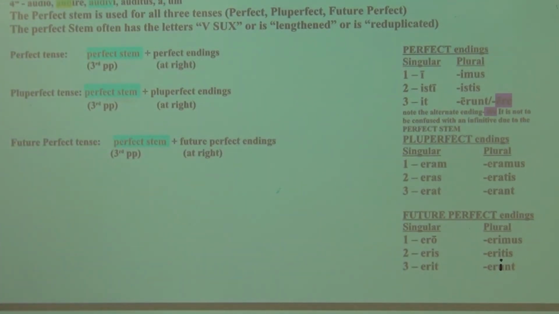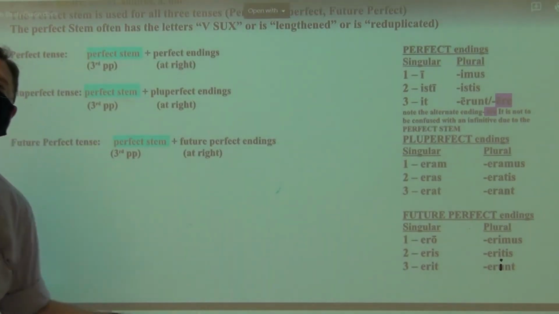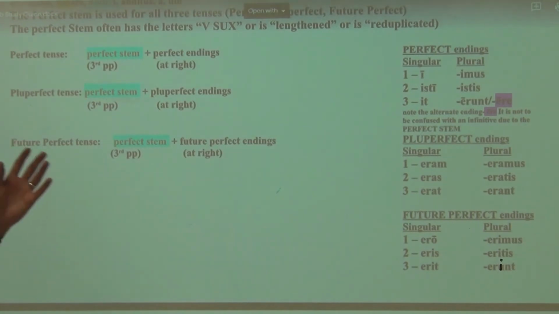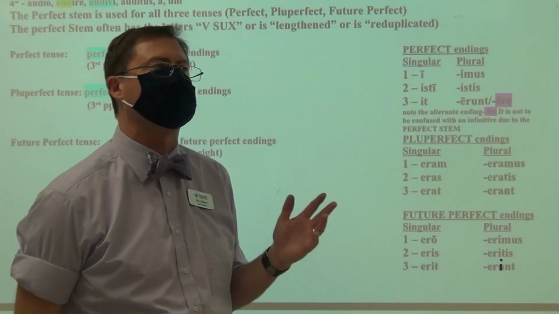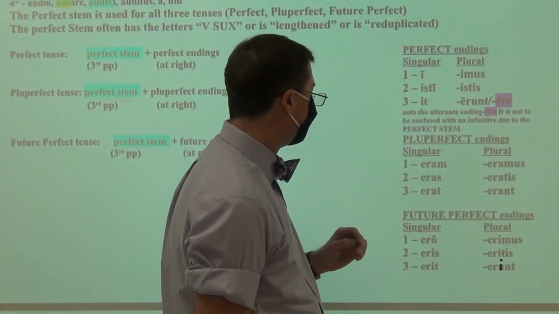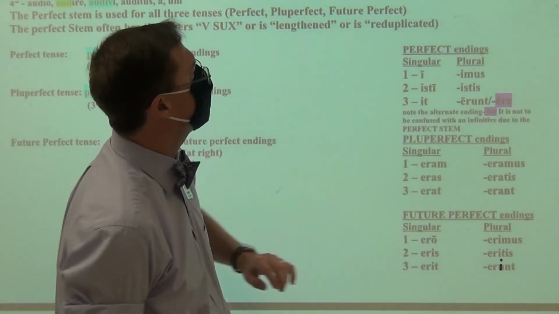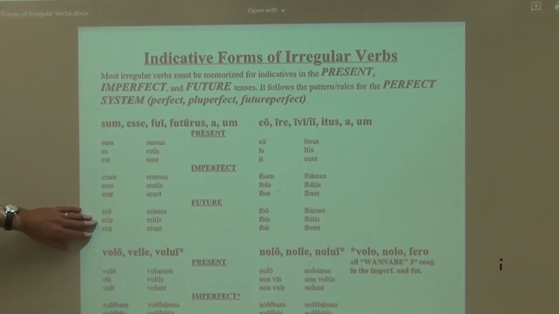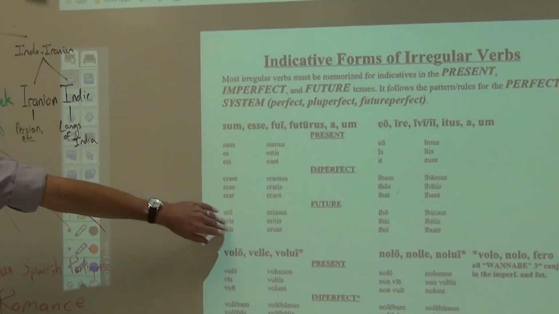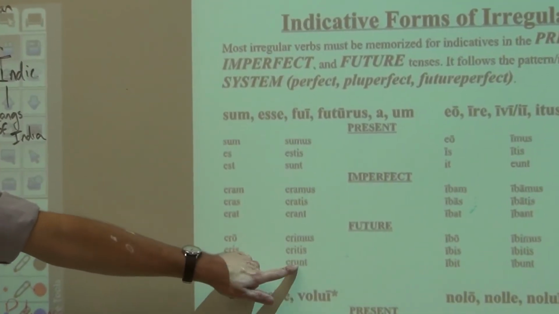Erint. Now, I know in the past I've said the Romans don't make them say int, they make them say unt. Well, in this instance, they do. So it wasn't really a lie, it's just all that you knew at that time. And so these, you will note, are almost identical to the future ero, eris, erit, erimus, eritis, erunt, and that is correct.